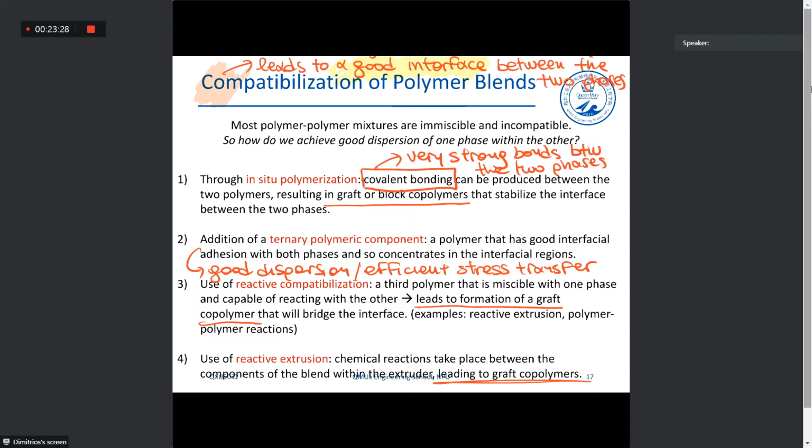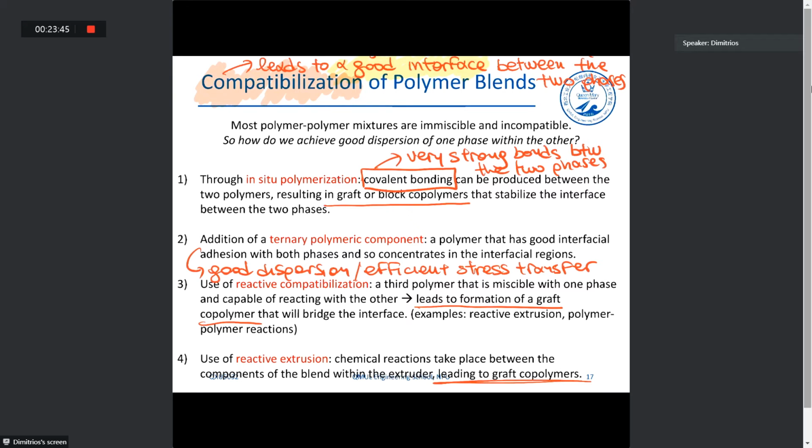Okay? Compatibilization helps us achieve a good interface between the two phases, okay? So if we have a good interface between the two phases, that minimizes the problems that we can have in terms of properties.